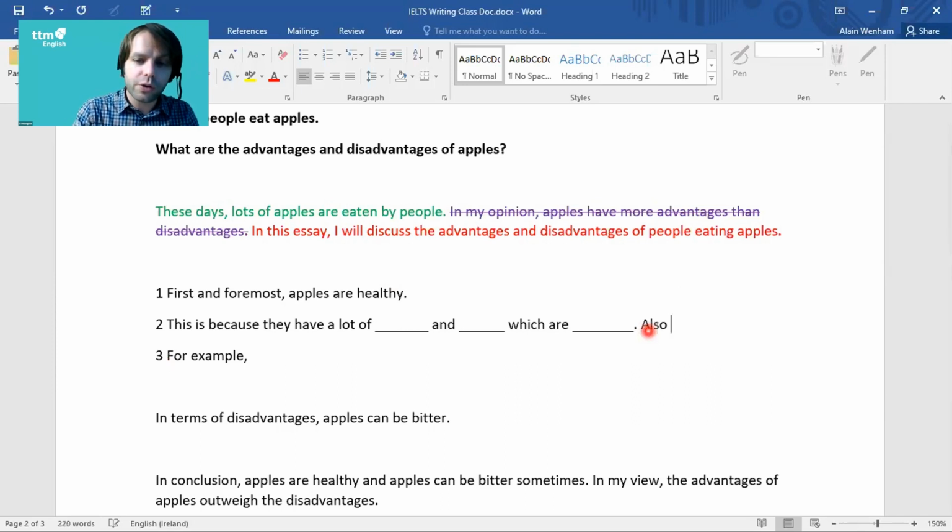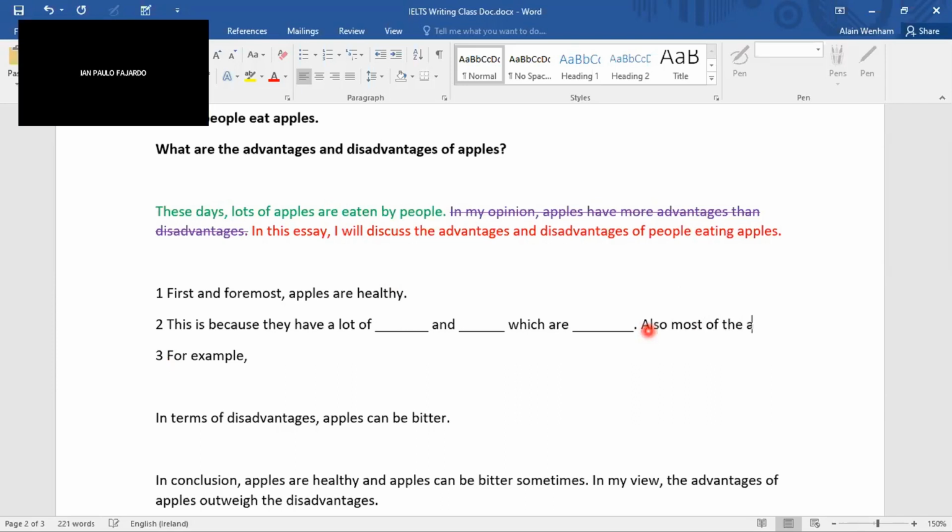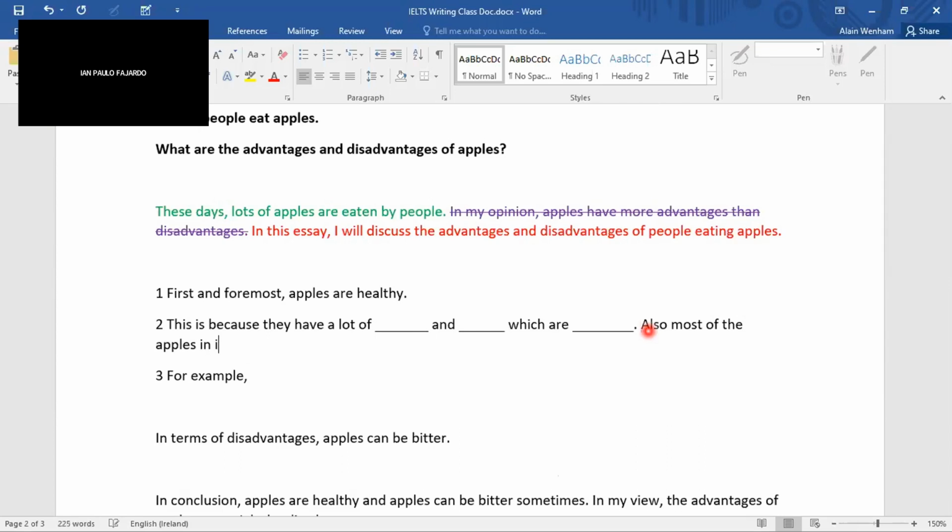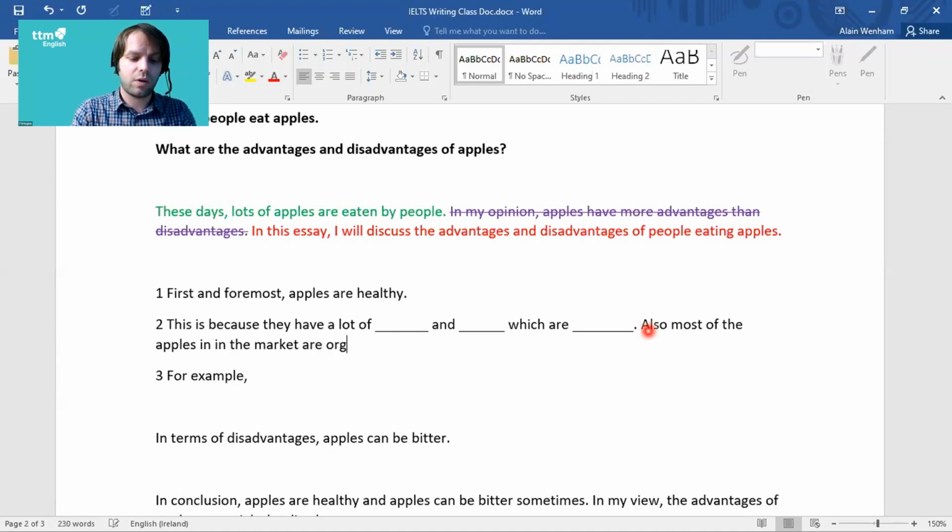Okay, so look, also, say that again. Also, most of the apples available in the market, making it less harmful to those who will consume such food. Okay. In the market are organically produced.